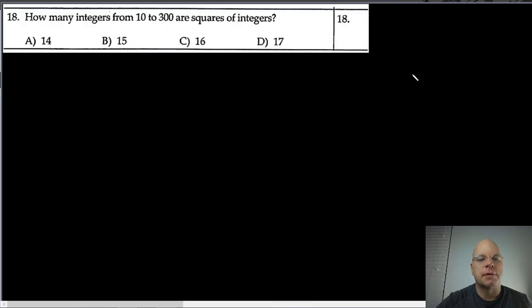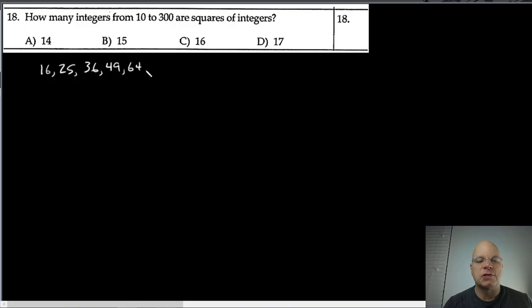How many integers from 10 to 100 are squares of integers? This is just about knowing your perfect squares. We don't need any squares less than 10, so after 9 is 3 squared. 4 squared is 16, 5 squared is 25, 6 squared is 36, 7 squared 49, 8 squared is 64.